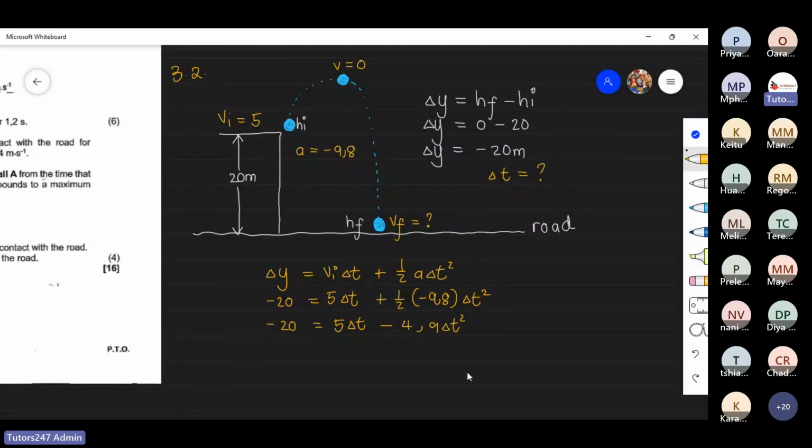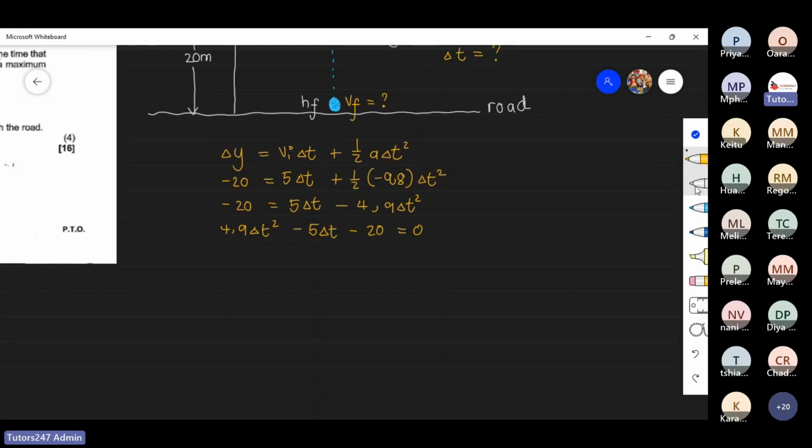Now I'm going to move everything from the right to the left. That is then going to become positive 4,9 delta t squared minus 5 delta t minus 20, and that is equal to 0. From here, you can put this into your quadratic formula, keeping in mind that your value of a will be equal to 4,9, your value of b will be equal to negative 5, and your value of c will be equal to negative 20.